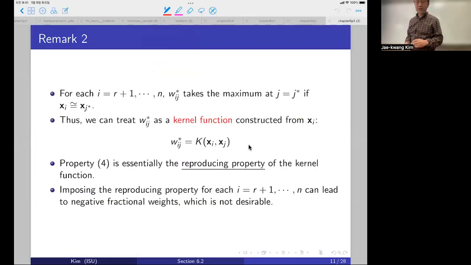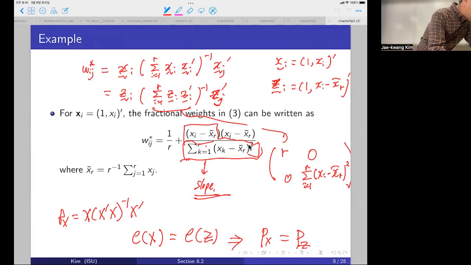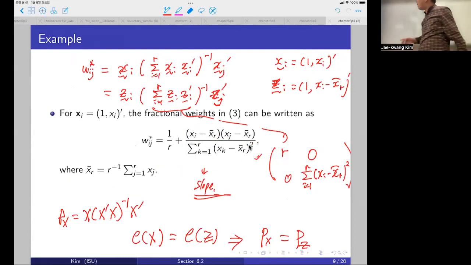Okay, so here's how we're going to understand this fractional weight. If you look at this weight carefully, I is given, right?